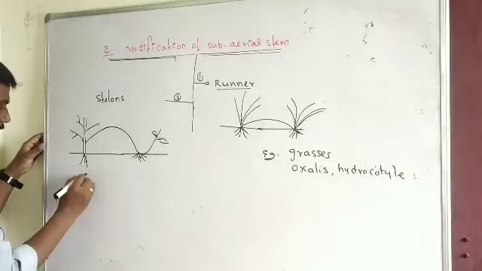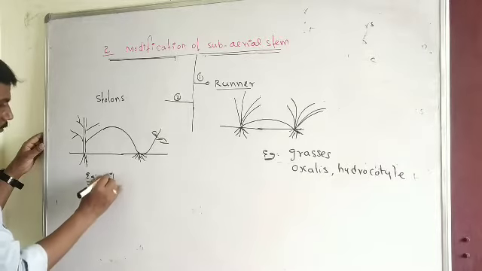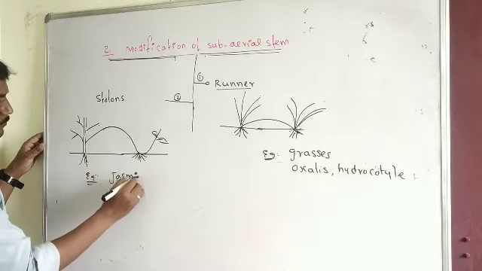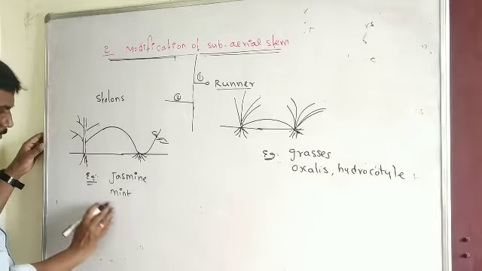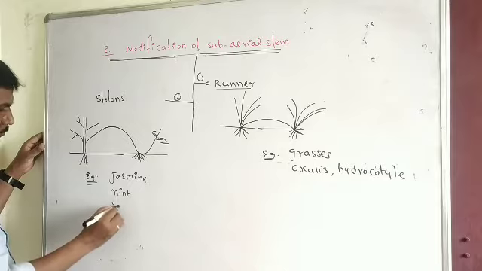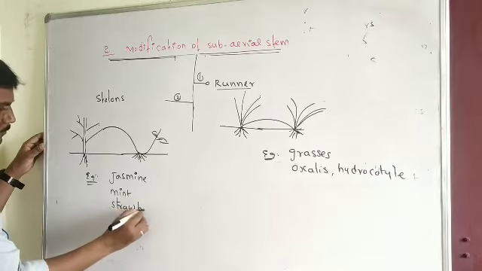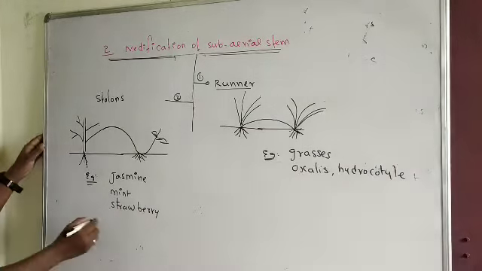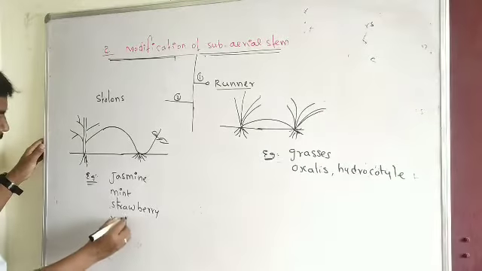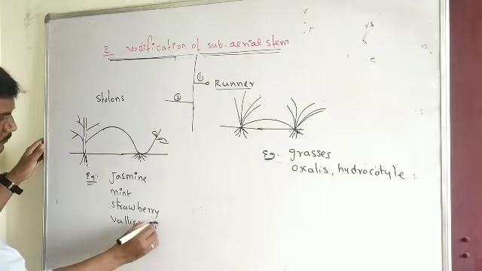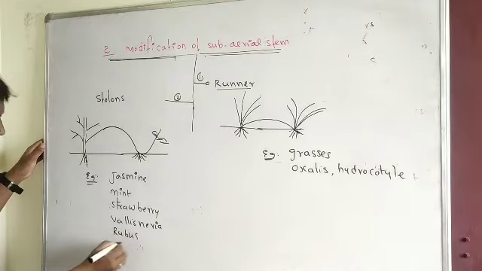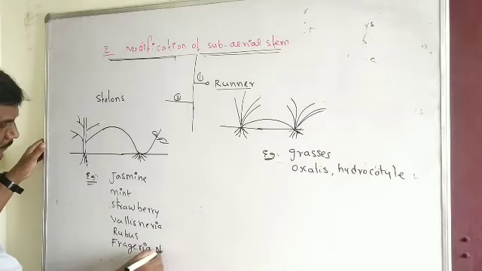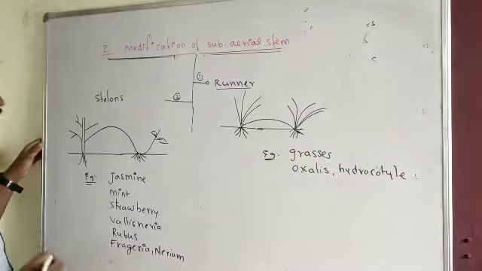Normally stolons are seen in jasmine, mint, strawberry, vallisneria, rubus, fragaria and nerium. In these plants you can see the formation of stolons.